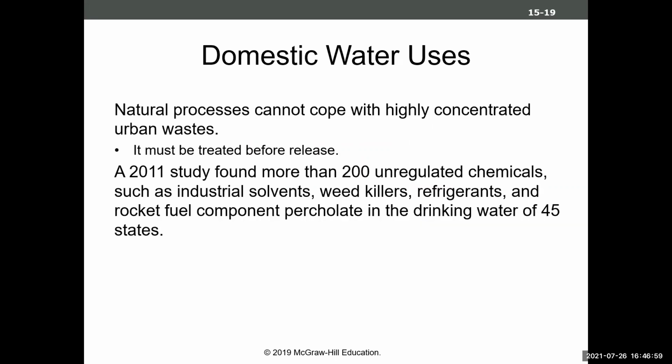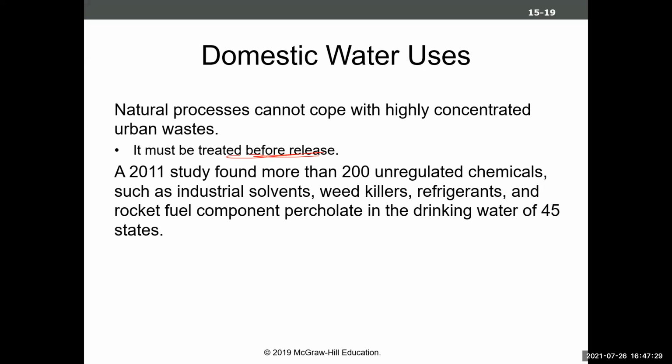With this water use, we're creating a lot of waste, and the natural processes can't deal with the wastewater that we contribute to the ecosystem. What that means is they naturally can't treat that water and make it potable again. So what we have to do is treat it before we release it back into natural systems.